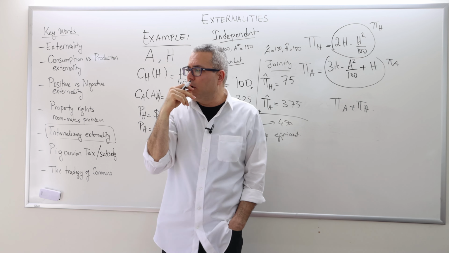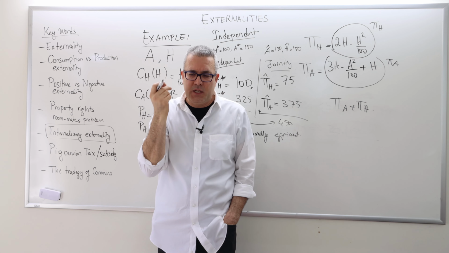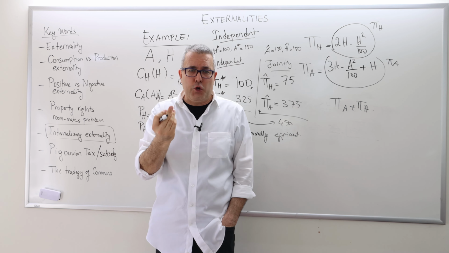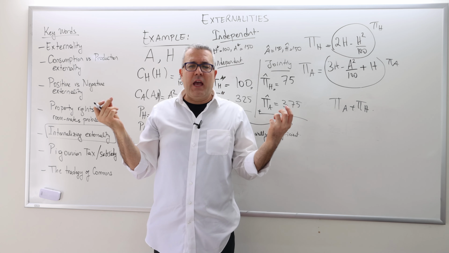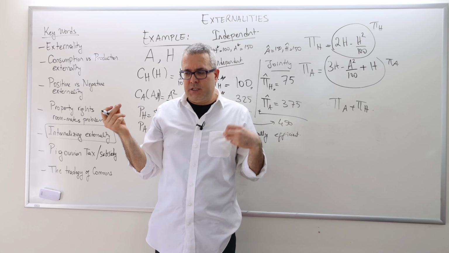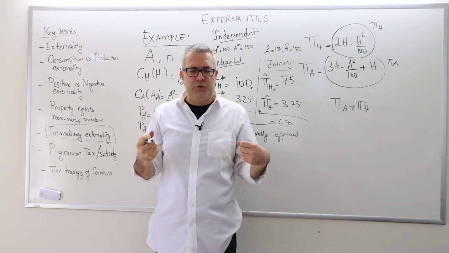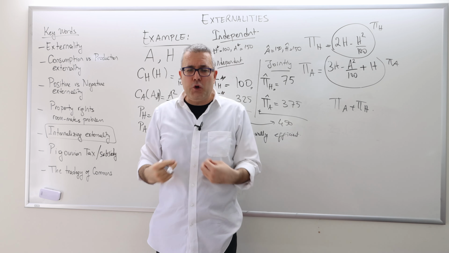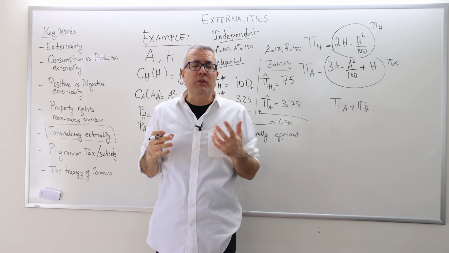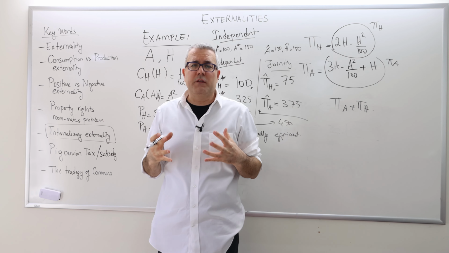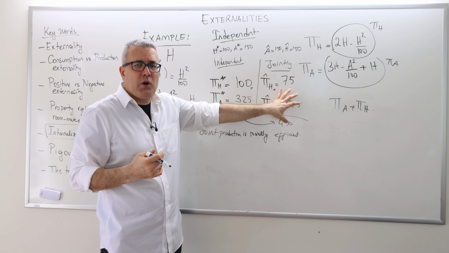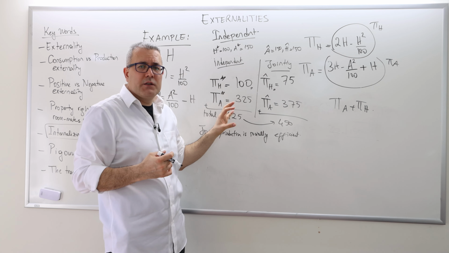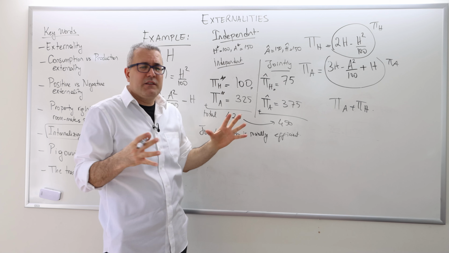When we think of this as joint production, it's actually just one firm with two separate branches. One branch is producing apple, the other producing honey, but the firm now cares only about the total profit. So we can only compare the total profit here versus total profit here.